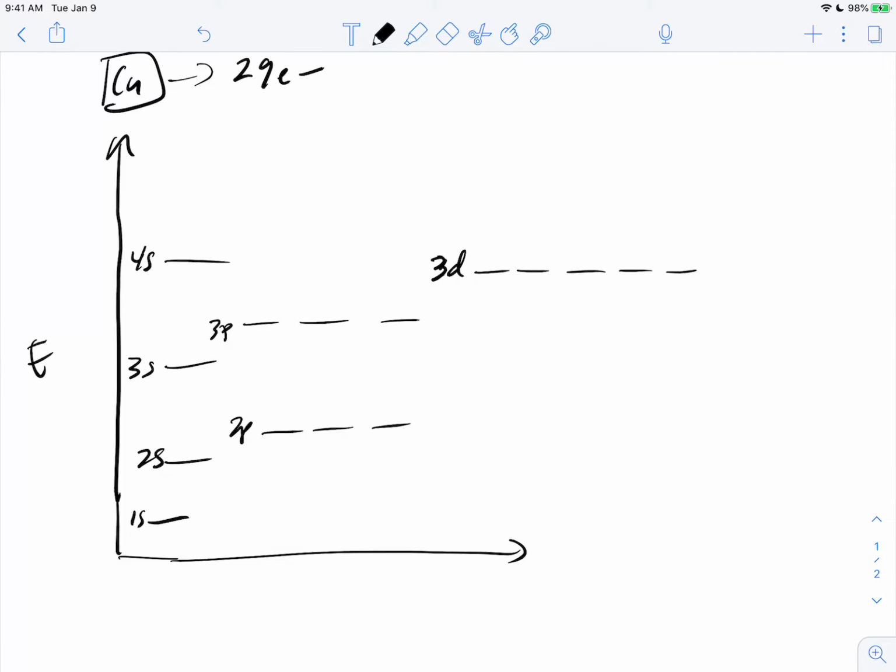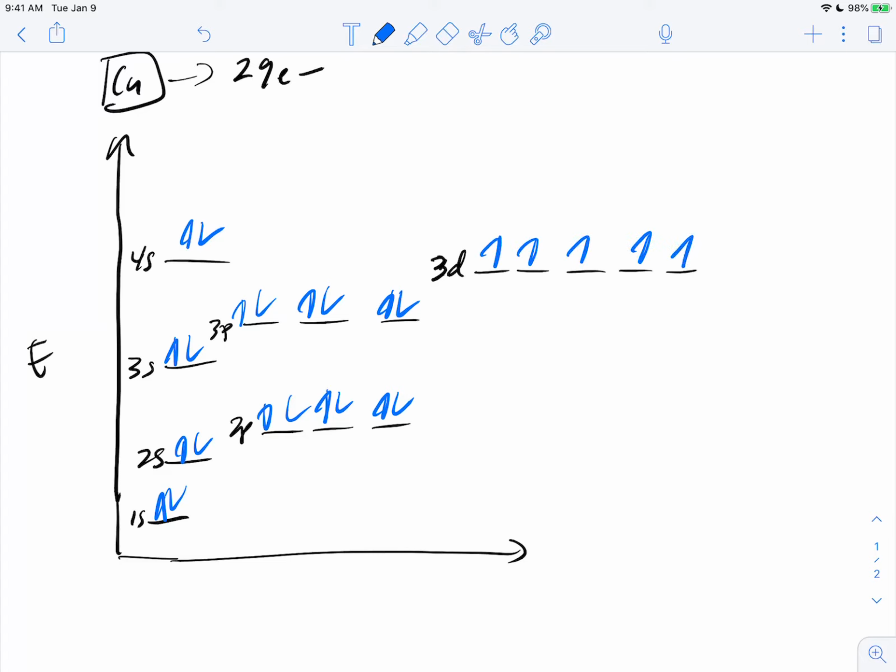And we fill in electrons. We'll do it in blue. We have 29, but remember that we can go all the way up to 3p, and we know that's 18. That's argon, 18. Then I'm going to go 19, 20. And now I have 9 more to go: 1, 2, 3, 4, 5, 6, 7, 8, 9.